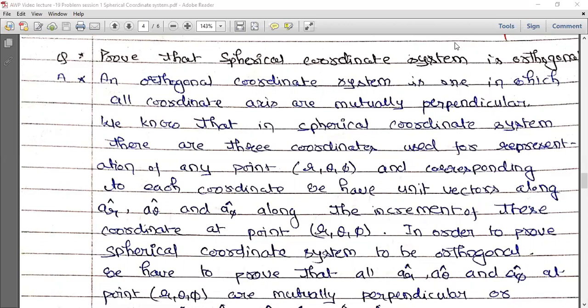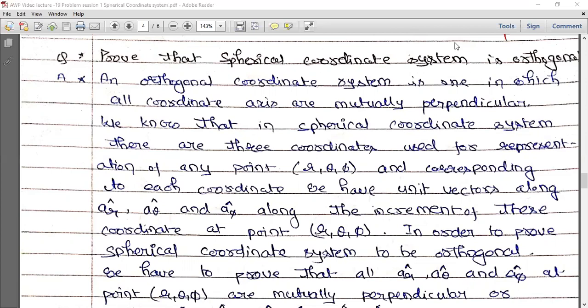Suppose the point P has coordinates r, theta and phi. Then r is the distance along the line OP, keeping theta and phi constant. If you increase r, keeping theta and phi constant, r will increase along the direction OP itself. So the unit vector along OP is the radial unit vector, AR cap.